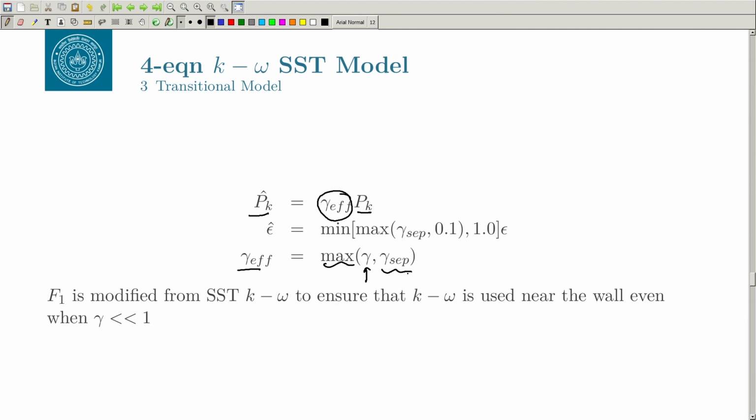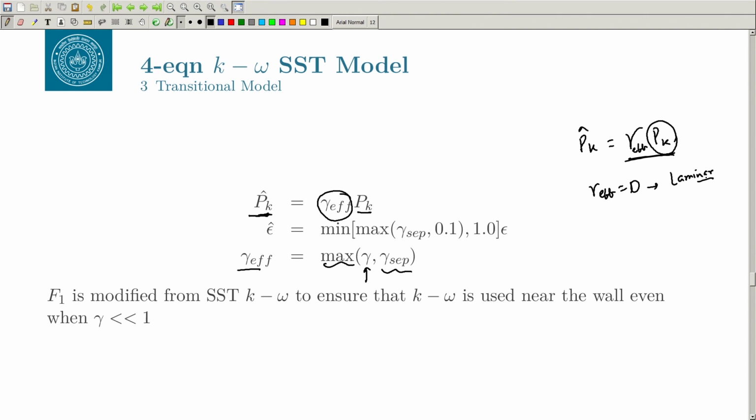What we are seeing here is that my production of kinetic energy is no longer just dictated by the turbulence model, but there is a term which multiplies it and basically controls the production of the turbulence kinetic energy. Let us say you have gamma effective equal to 0. That is a laminar flow.